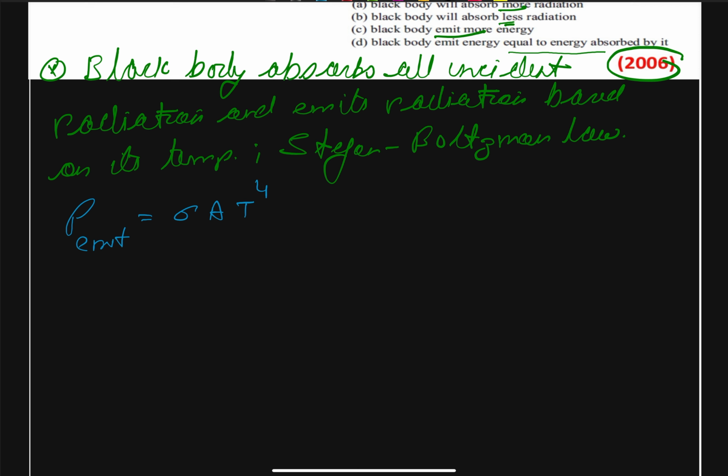This power emitted we can also call the energy emitted per unit time in watts, and T is the absolute temperature.